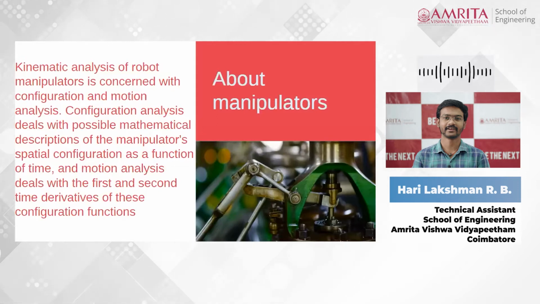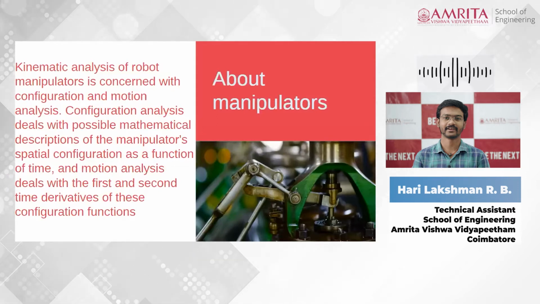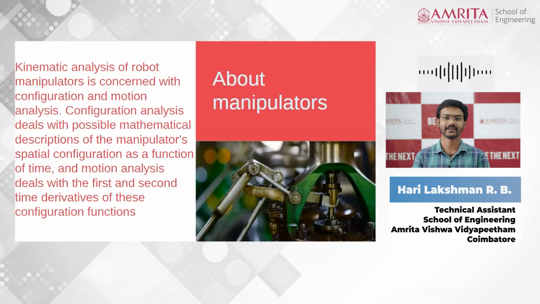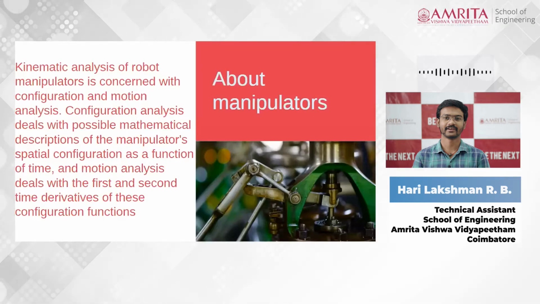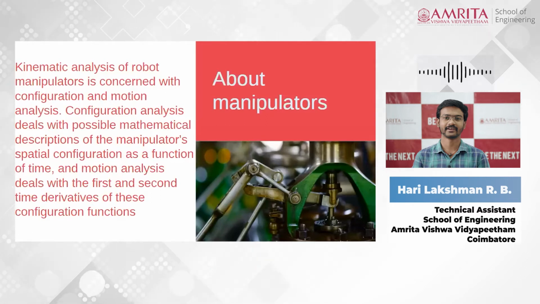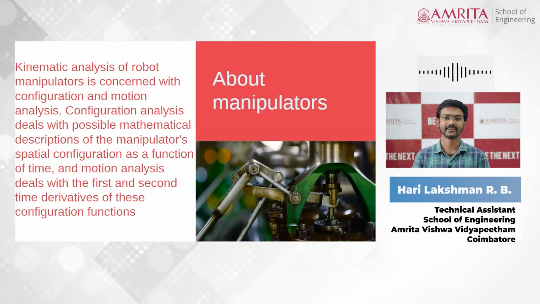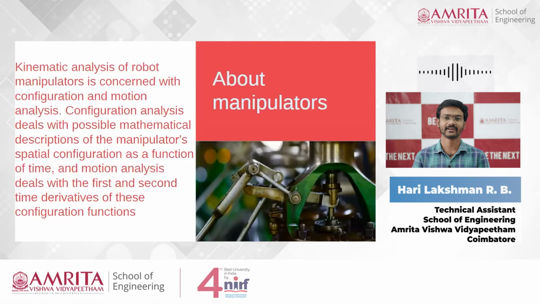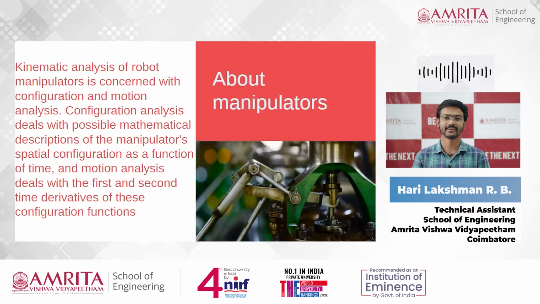These are a few properties considered in performing configuration analysis and motion analysis. These relations define the dynamic equation, the equation of motion of a robot manipulator, which are fundamental to any robotic application.